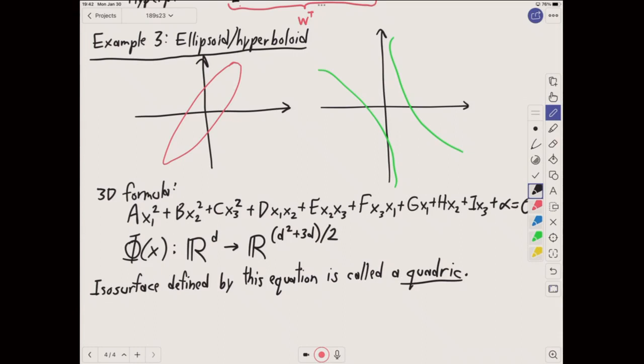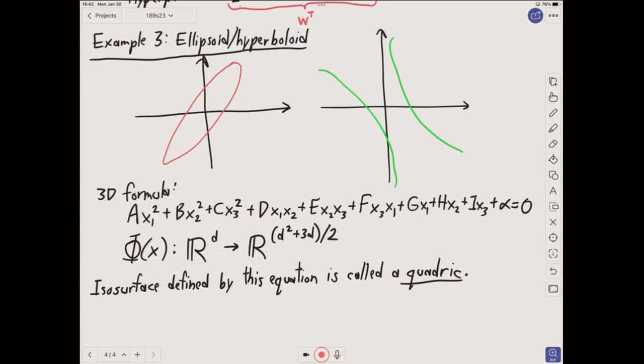Hopefully most of you learned about conic sections in grade school, hyperbolae and ellipsoids and parabolae. And so you can think of this as just the higher dimensional equivalent of a conic section. And so now this is a general order 2 polynomial decision function.